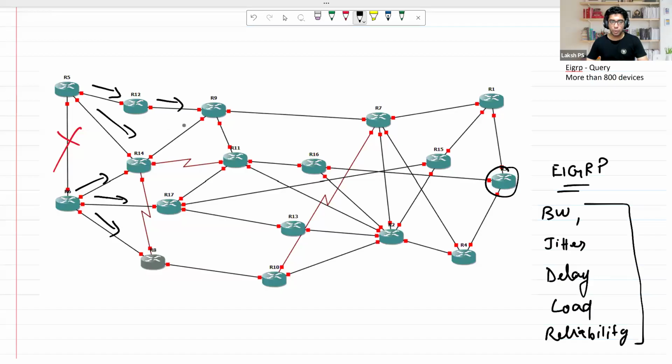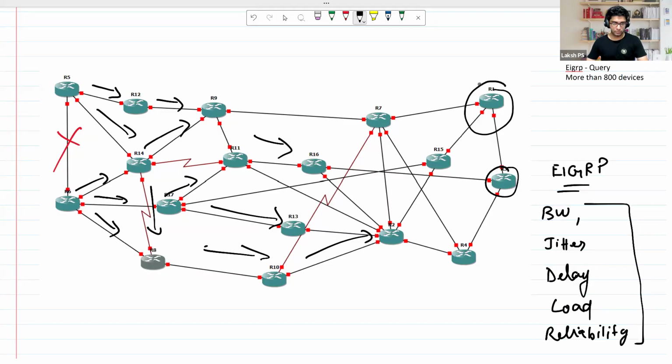All these adjacent routers are going to forward the query to all their adjacent routers. Now imagine the load that is going to come on R1. It is going to receive all the query messages from all the routers. Imagine that load on R1, which is not necessary.